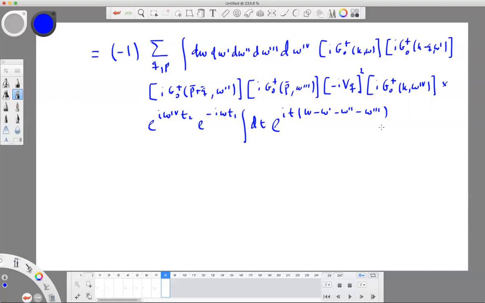And then we get the last integral, which is dt prime, and we get i t prime, and we get omega prime plus omega double prime, minus omega triple prime, minus omega 4.